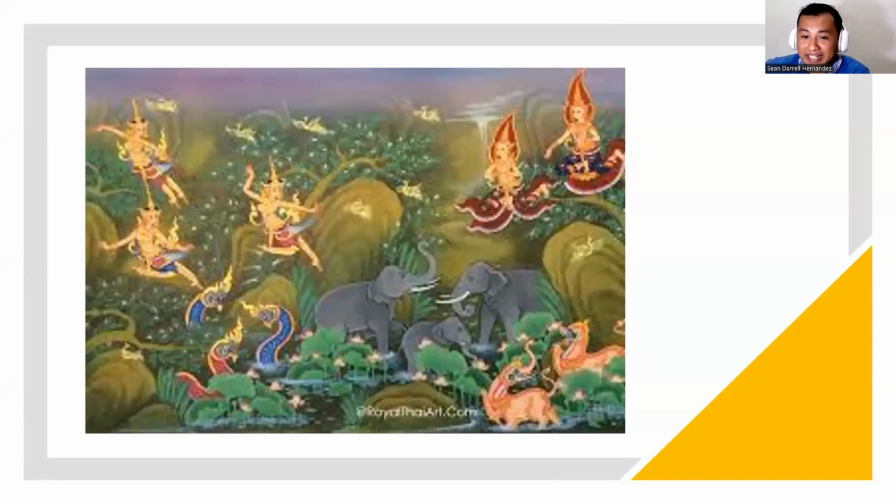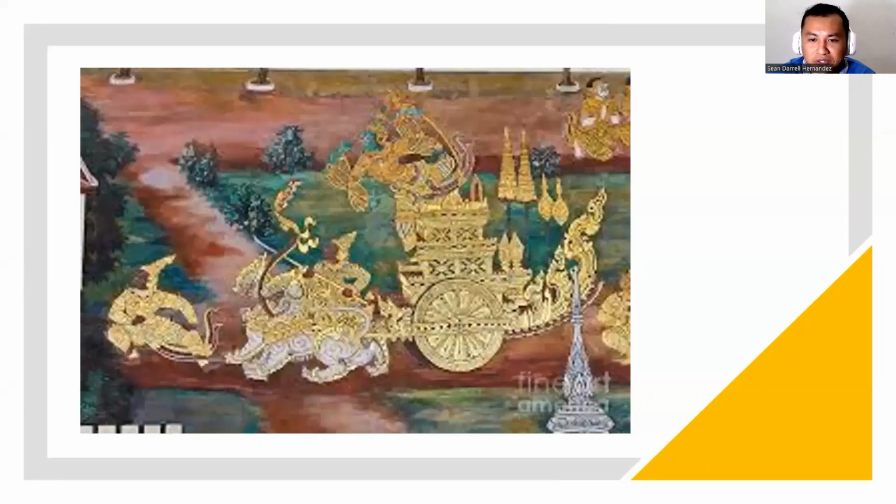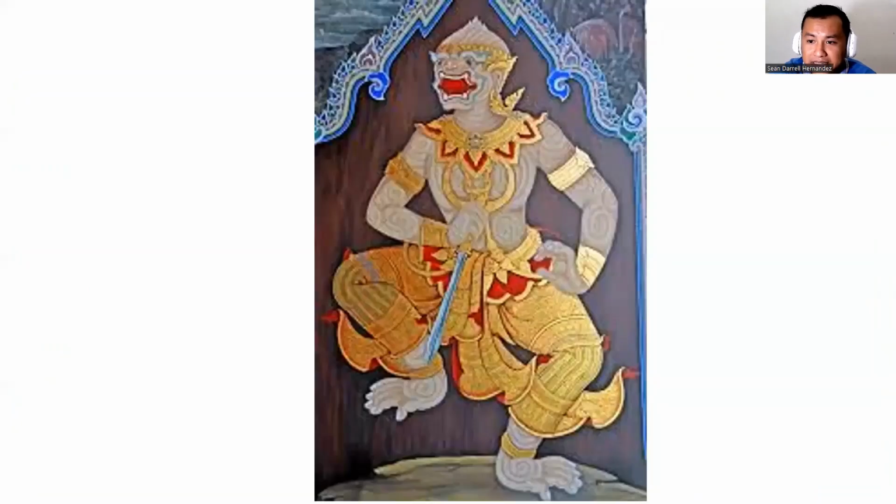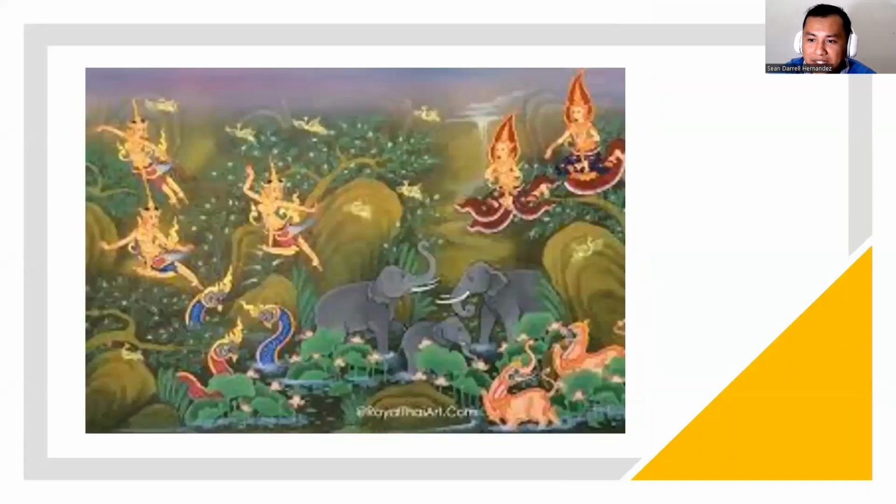So let us look at the lines of the art of Thailand. I'm just going to go back and forth on the different art of Thailand. We have horizontal lines, vertical lines, slanting lines, zigzag lines, curvy lines, and wavy lines. Which among those were really present in the art of Thailand?